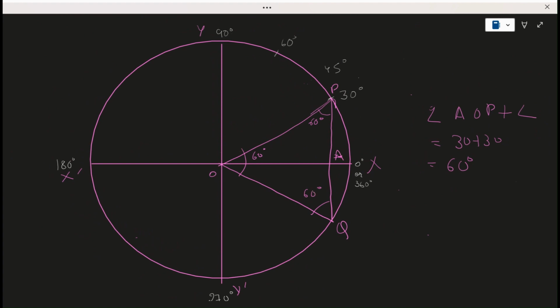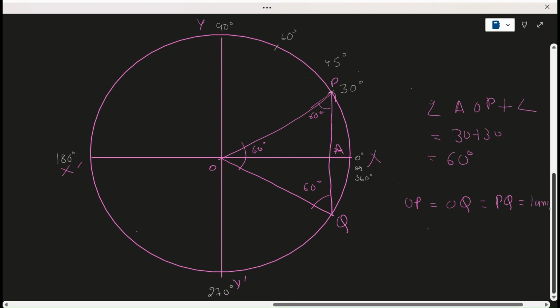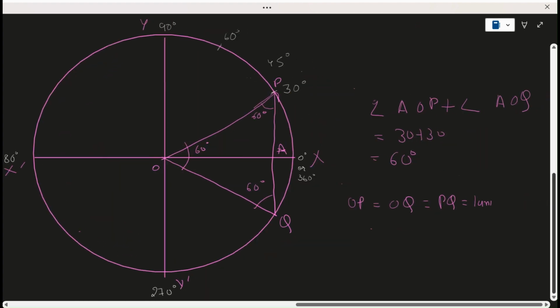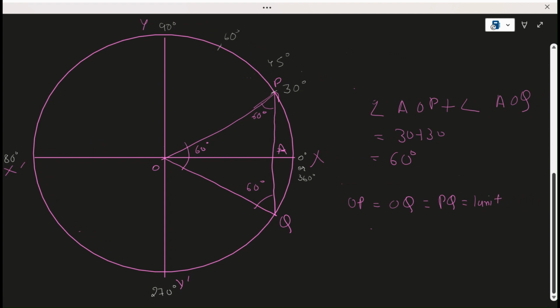Let us consider again lengths OP is equal to OQ is equal to PQ as 1 unit. Therefore, what will be the length of AP? AP will be PQ over 2, that is 1 by 2. Let us mark this as 1 by 2 and let me remove the unrequired construction.